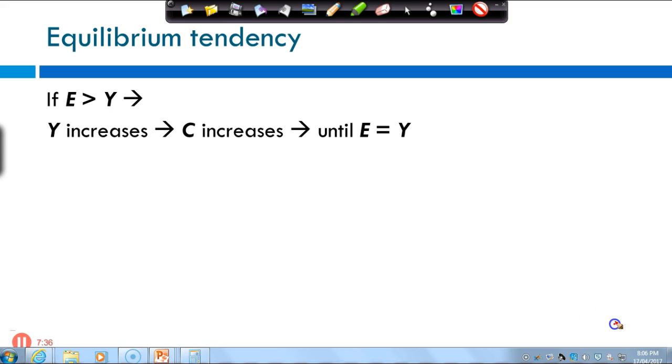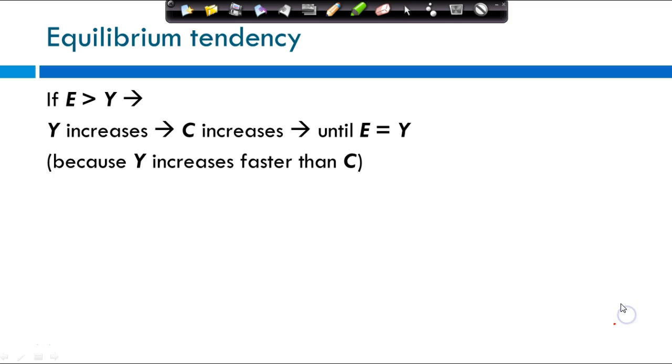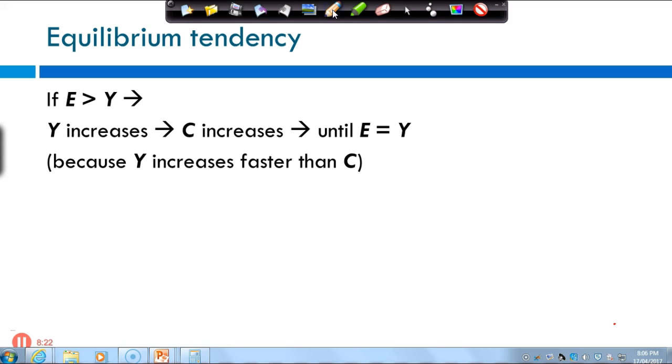Well, it's because income increases faster than consumption. So why would that be the case? Because not all of the increase in income which goes to households is spent. Some of it is spent. Some of it is lost in tax.